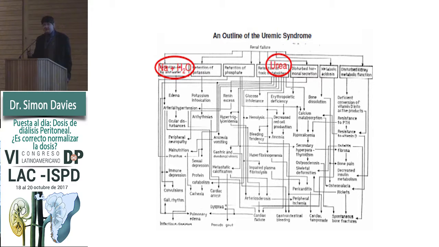But there are many other things which we have to remove with dialysis, for which maybe normalization in this way doesn't make any sense. For example, toxins bound to proteins may not work in this way. Removing protein-bound toxins may not make any sense to normalize the dose for that. You have to do a different approach.